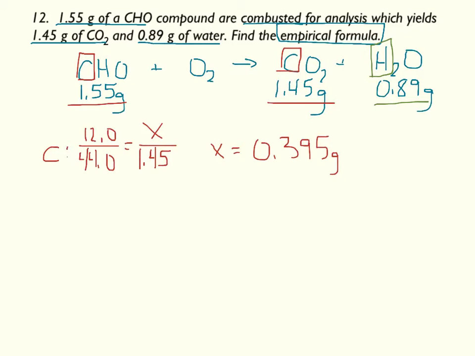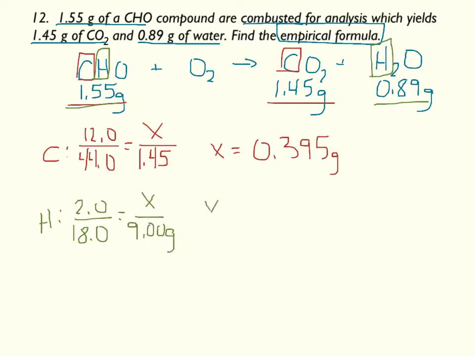So for hydrogen, all of the hydrogen in this H2O, all of that hydrogen from the 0.89 grams, has come from the 1.55 grams of the CHO compound, because hydrogen only appears in those two places in the equation, and that's it. So with water, hydrogen weighs a total of 2.0 out of 18, because there's two hydrogens in water, and they weigh 1 each. So how much hydrogen is in 9.0 grams?